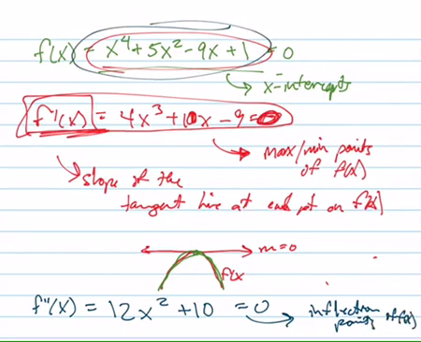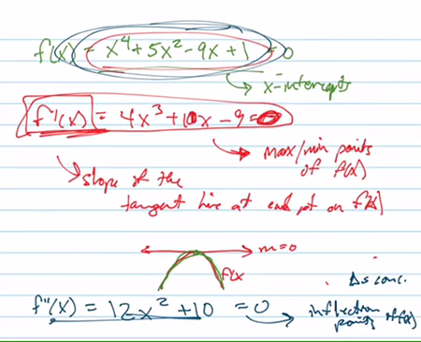So again, when we take the double derivative and set it equal to 0, that gives us information about the original function, namely the inflection points, where the graph changes concavity. That's what an inflection point is.